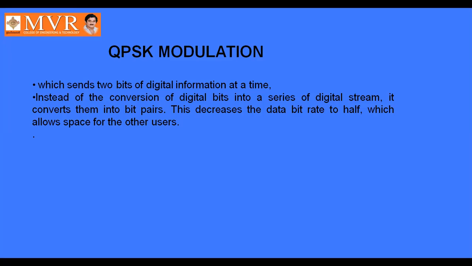In QPSK, we are grouping 2 bits, so we can send 2 bits of digital information at a time. In the M-ary scheme, we can transmit M number of bits at a time.